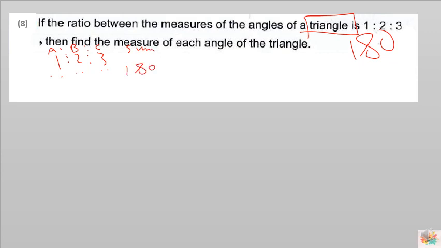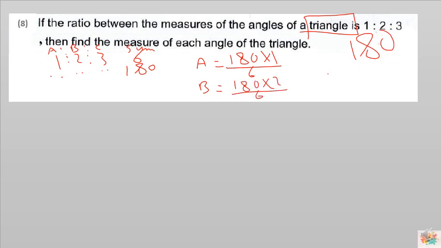If we don't find other numbers given, we go straight to the sum of angles equals 180, and we start by adding 1 plus 2 plus 3 equals 6. Then we start with the first angle A: it's 180 by 1 divided by 6. Also B equals 180 by 2 over 6.